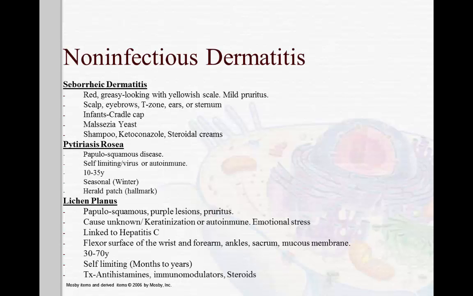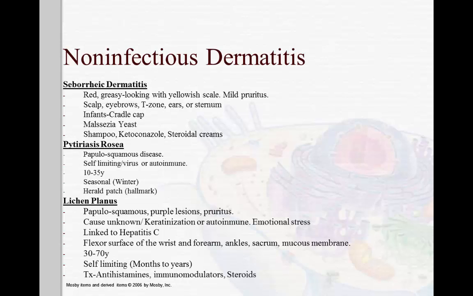It could produce fissures, yellow scaling, up to a very thick, tenacious scale that you could actually remove, and then it could bleed. Treatment wise, shampoo with azoles, which you would see in pharmacology, itraconazole, ketoconazole, which is Nizoral shampoo, and also steroid creams.